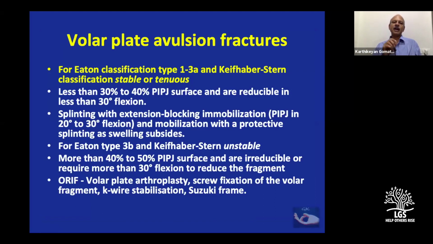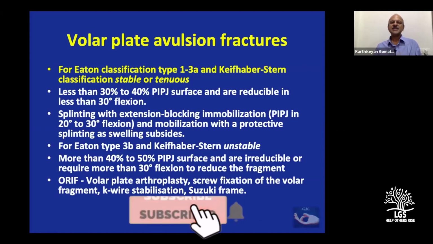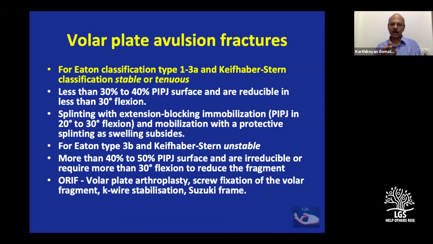So for Eaton classification type 1 to 3A and Kiefer classification of stable or tenuous, splinting with extension block immobilization. So conservative management. Whereas for type 3B or Kiefer unstable, that is the most severe type, we need to go for fixation. Fixation can be done either with a volar plate arthroplasty or the Suzuki frame or K-wire stabilization or screw fixation.